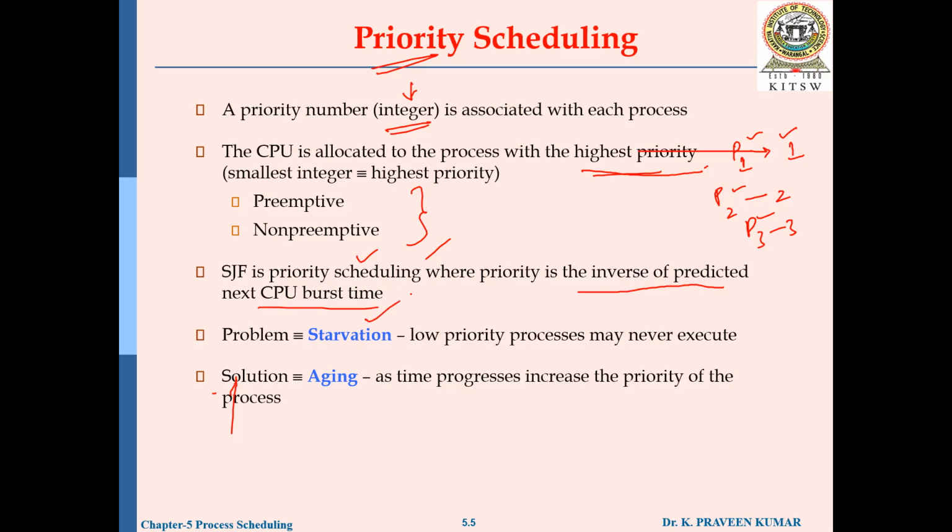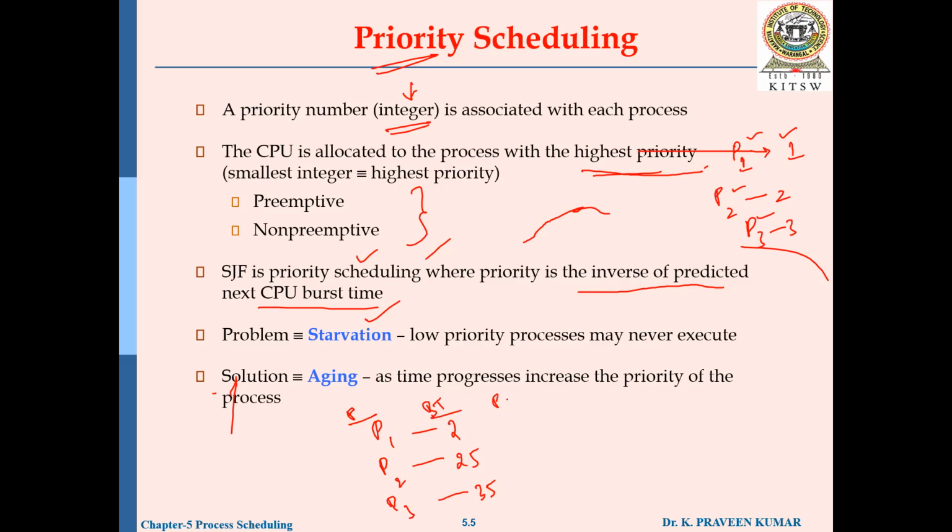Even if a job is very short, for example, here P1, P2, P3, three jobs are there. Their burst times are 2, 25 and 35. These are the burst times, these are the processes.